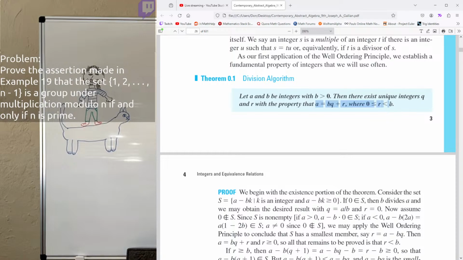I want to use this thing right here, so I guess we're calling it the division algorithm. It's kind of a lame name, but okay.